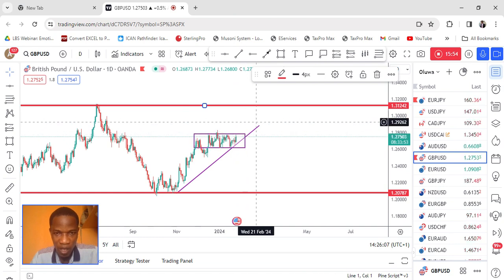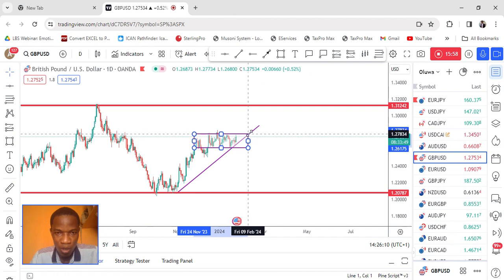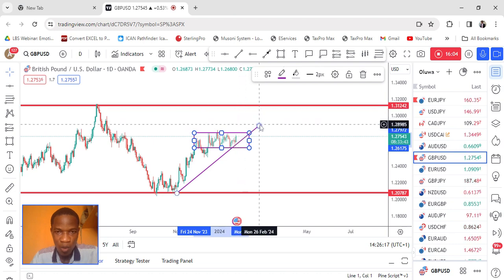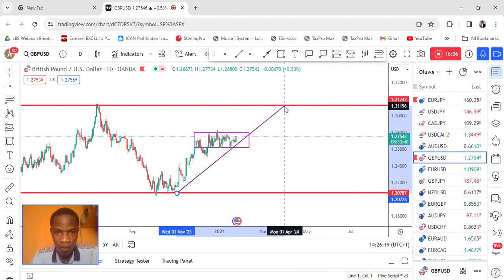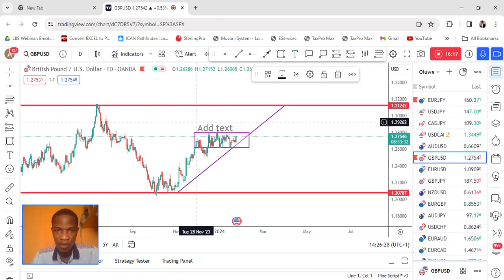I'm going to leave my chart here like this for another video. So we are expecting a breakout from here for this market to go up. Let me type it here: expecting breakout.